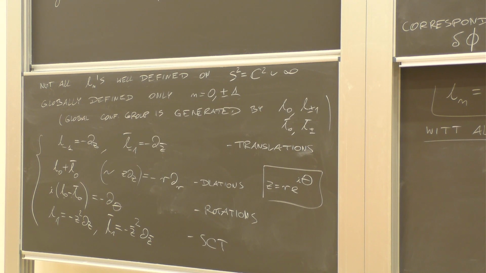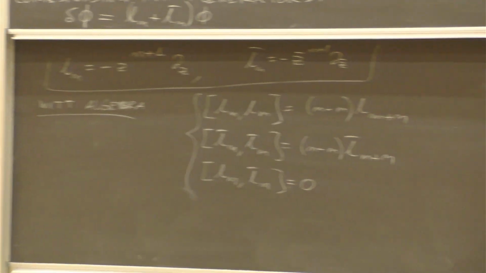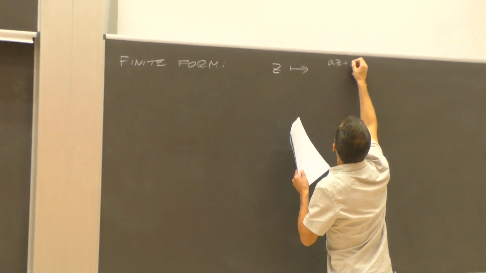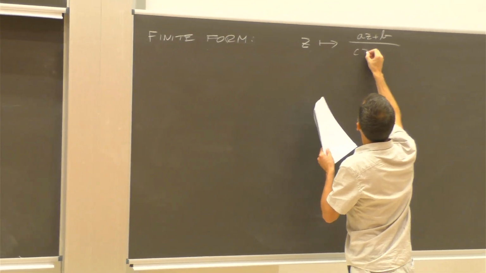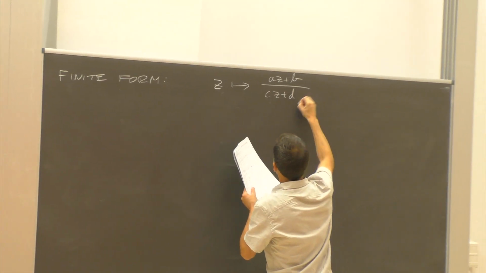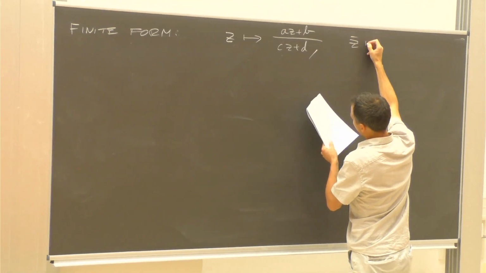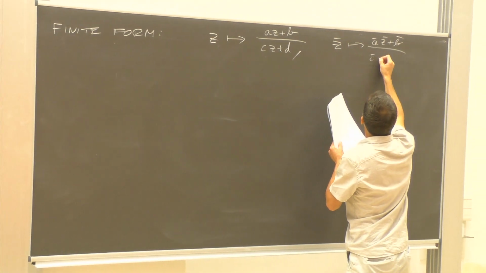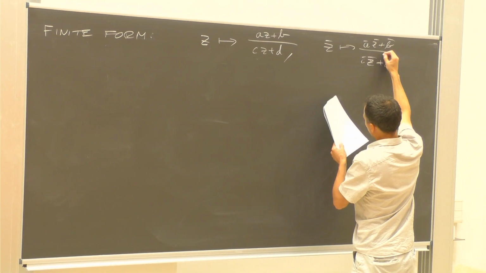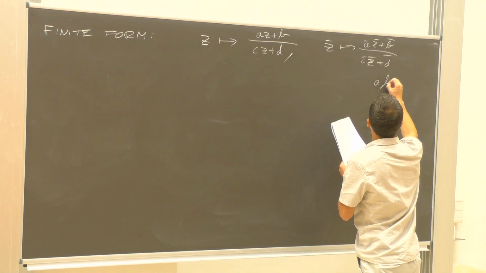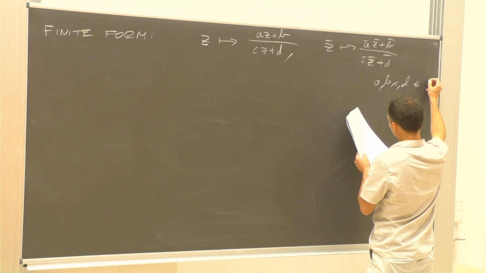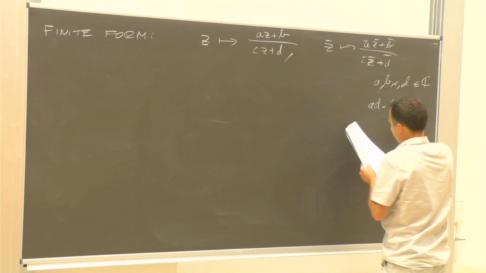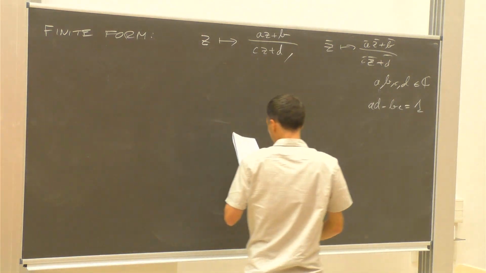Namely, in general, this global subgroup gives transformations which can be written in the following way, for complex a, b, c, d, and ad minus bc equal to 1.